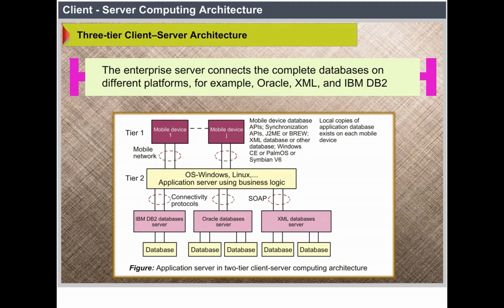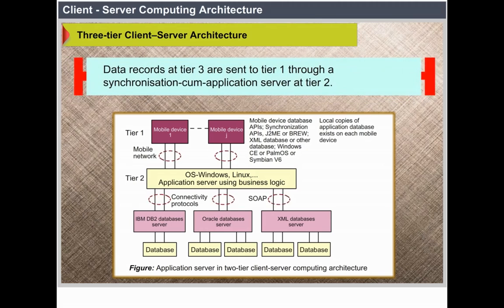The enterprise server connects the complete database on different platforms, for example, Oracle, XML, and IBM DB2. Data records at Tier 3 are sent to Tier 1 through a synchronization application server at Tier 2.